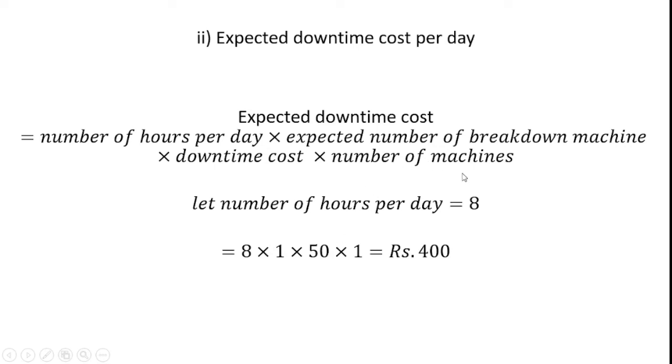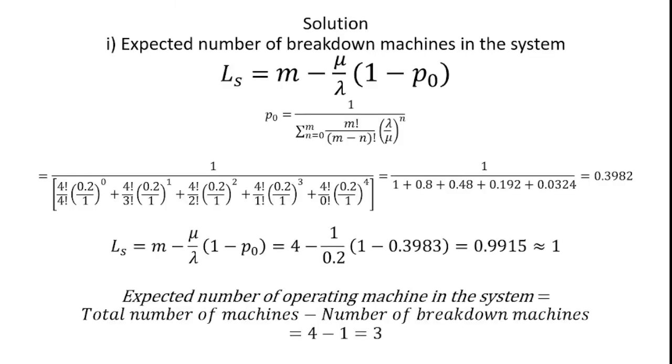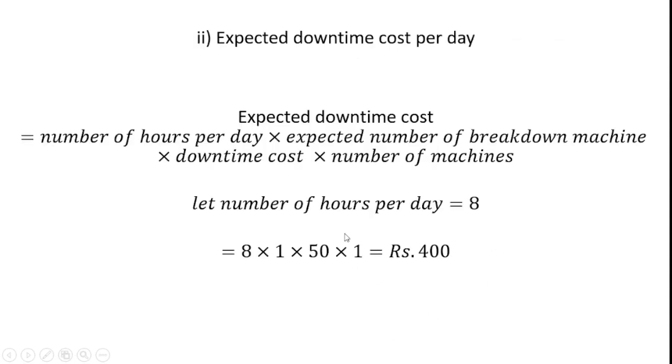The number of breakdown machines is 1, so here I substitute 1. From this I get rupees 400 as the expected downtime cost. Now you may be aware how we can identify the expected downtime cost from the model number 4 formula.